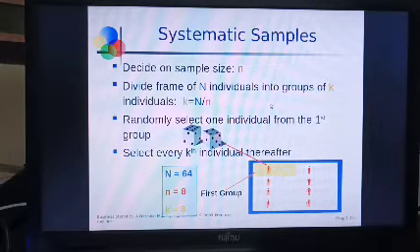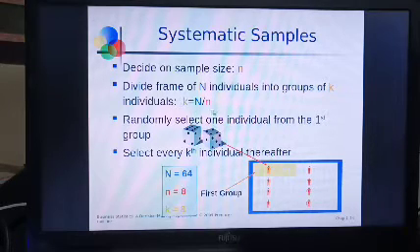Now, let's talk about systematic samples. Systematic sampling is actually similar to some extent to the stratified sampling technique. The researcher would need to decide on the sample size, and for that sample size, you divide the frame of N, or the population, into groups of k.